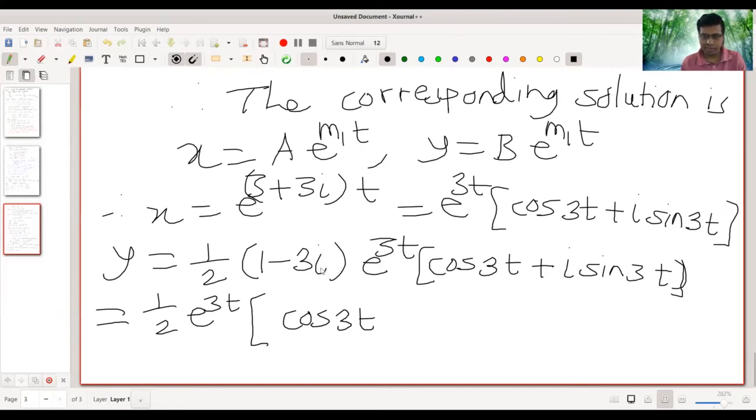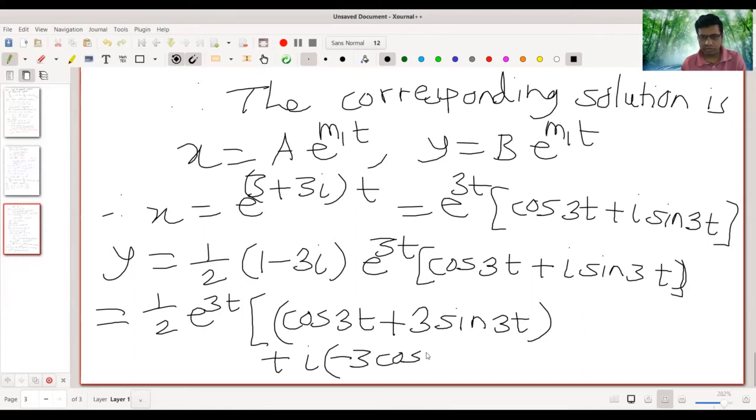Okay, so i square is minus 1. So it is plus 3 sin 3t. So this is the real part. Plus i times minus 3 cos 3t and plus sin 3t.